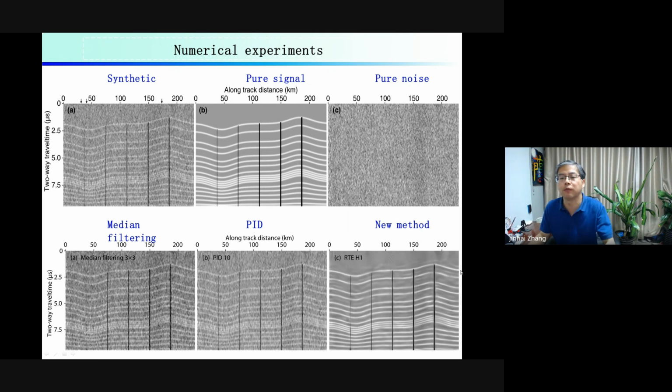For dipping reflectors, the orbital GPR is not able to observe the reflections from there. So our method is somewhat catering to the orbital GPR data.